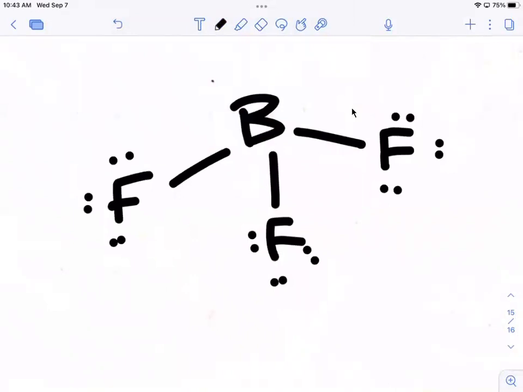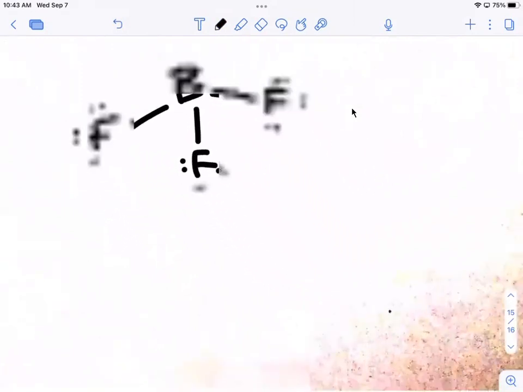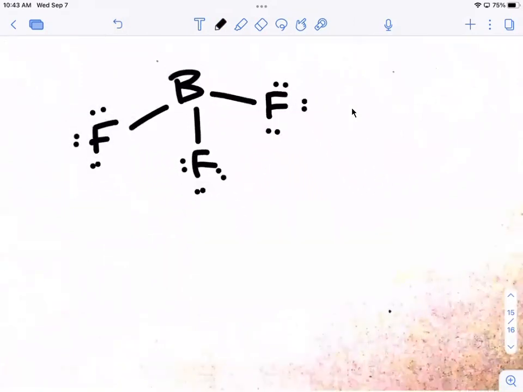Boron is all the way over on the other side of carbon, and fluorine is the first halogen on the right, and it happens to be the most electronegative atom in the periodic table. So what are these dipoles going to look like? Are they going to be towards boron or towards fluorine?